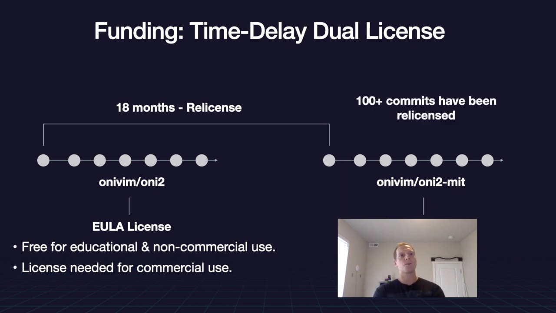And so far, over 100 commits have been relicensed, although it's much closer to the first screenshot I showed than the last. And our satellite projects like LibVim, Reverie, and other dependencies are just MIT licensed. And so far, I think this strikes a nice compromise. We have something to give back to users that support the project. It lights a fire for us to make progress, but everything eventually ends up open source.